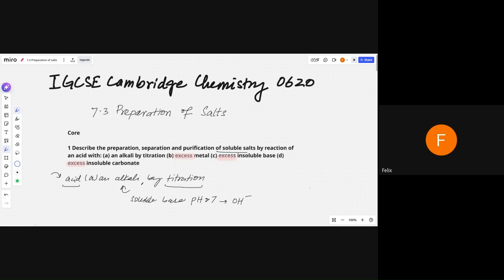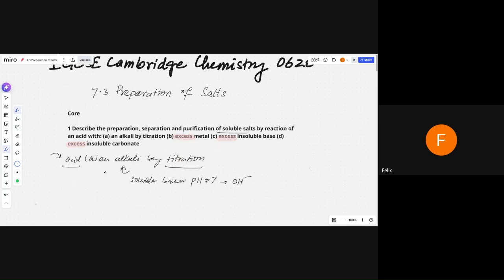So for example, let me give you a word equation. Let's say hydrochloric acid reacting with an alkali, let's say sodium hydroxide, right?